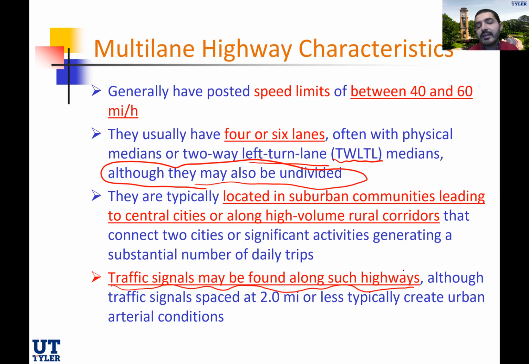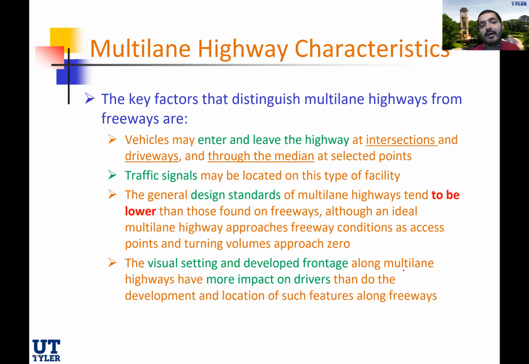If the traffic signals are spaced about 2 miles or more, that's a good thing. But if they are spaced at 2 miles or less, it's typically going to start to create urban arterial conditions. And that's another difference between a freeway and a multi-lane highway.